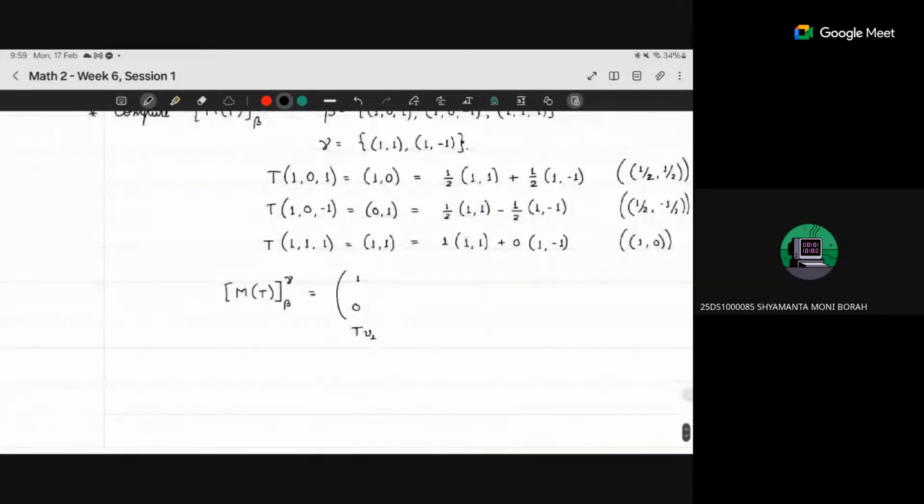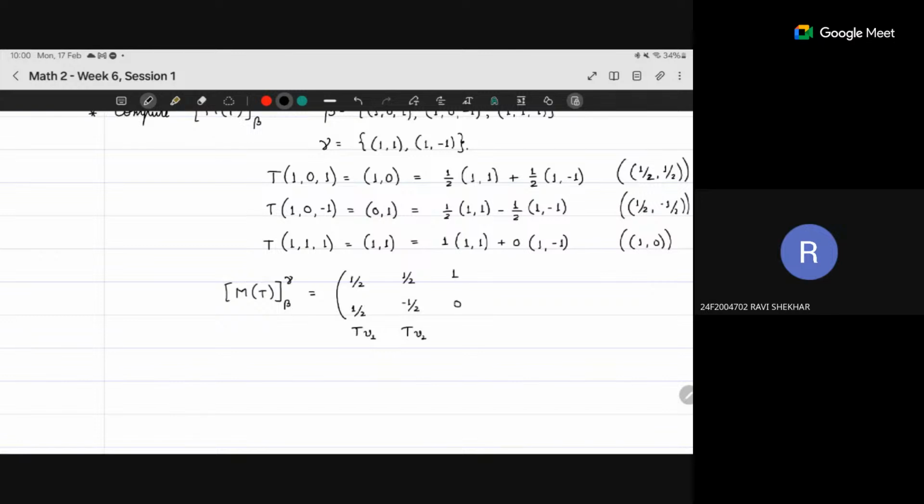But in this case the vector is (1, 0), but its coordinates in the system of gamma are (half, half). Similarly, the second column is (half, minus half), and this will be (1, 0). So this is the matrix of the transformation with respect to the basis beta on the domain and gamma on the codomain.